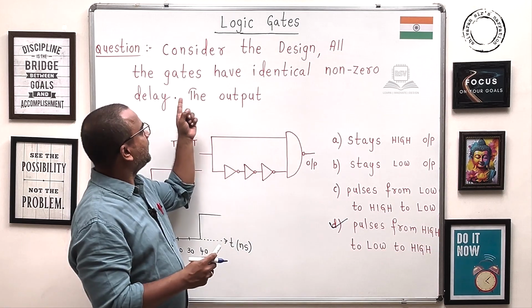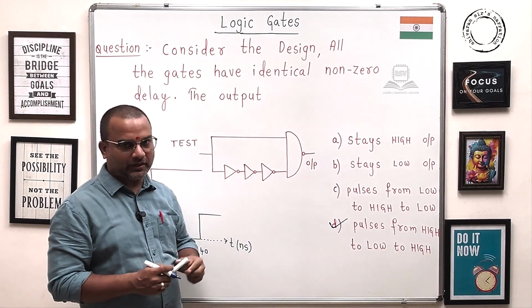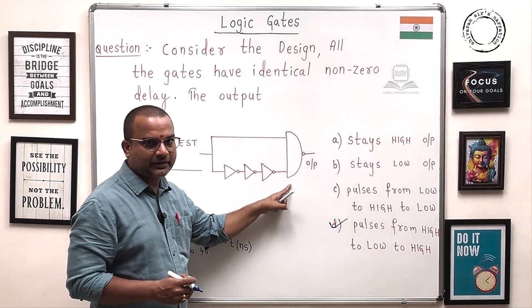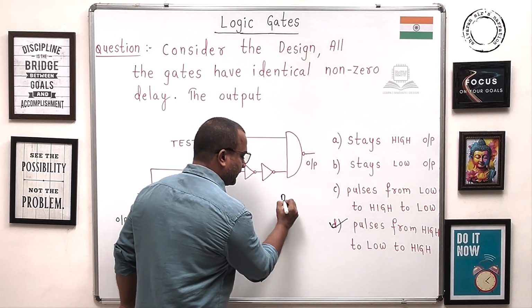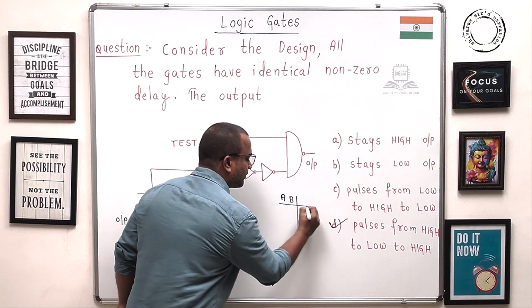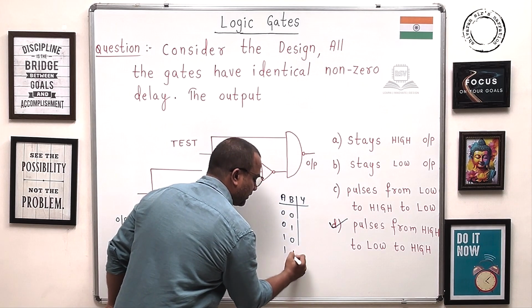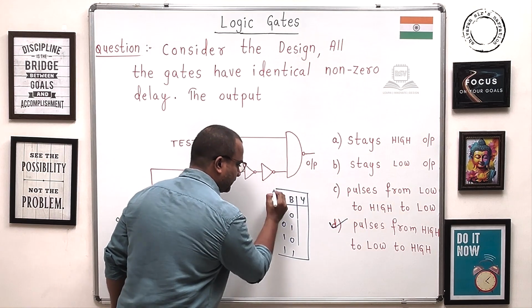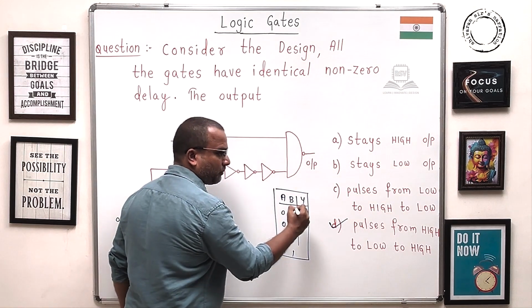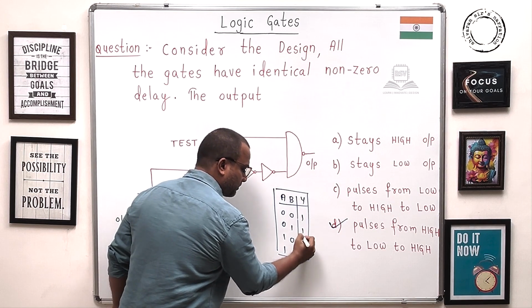Yes, so they said some non-zero propagation delay. This is a NAND gate. For a NAND gate, if you take the inputs 00, 01, 10, 11, and see the truth table, Y equals AB whole bar, we will get 1110.